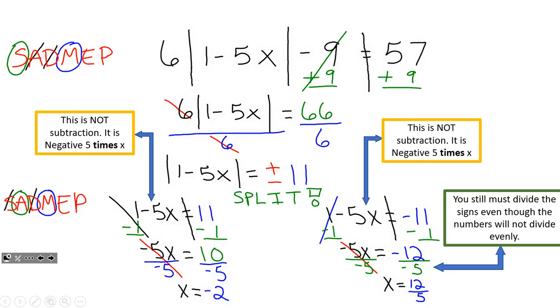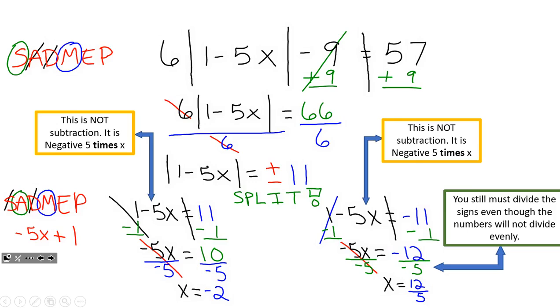But I did have addition, and that was a +1. So if I wrote that in reverse, it would have been -5x plus 1. So I'm technically adding 1. So the opposite of adding 1 would be to subtract 1 from both sides. That's what we did in both equations.